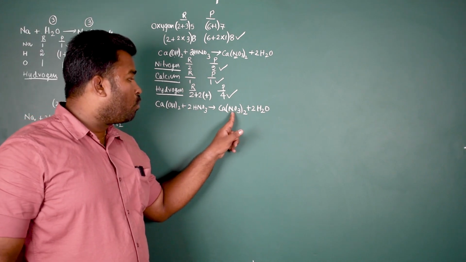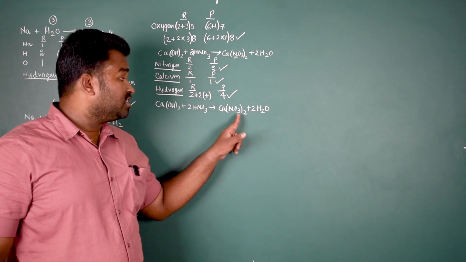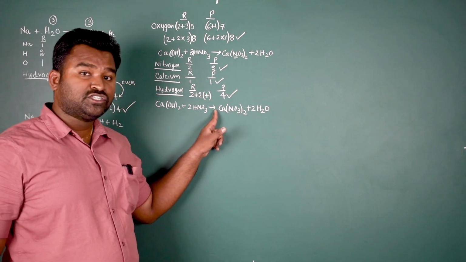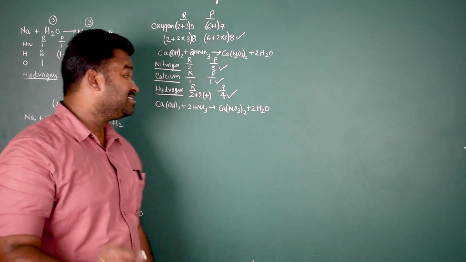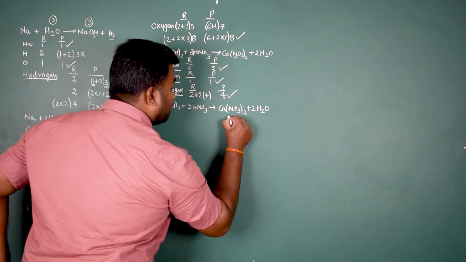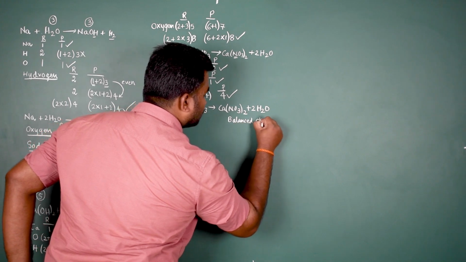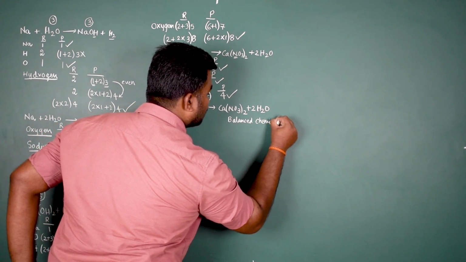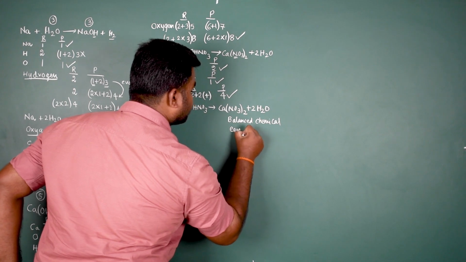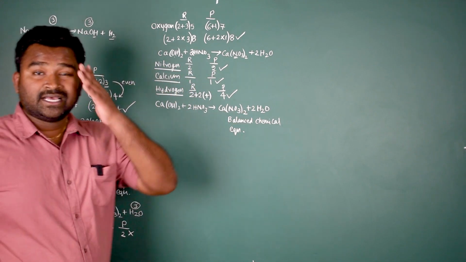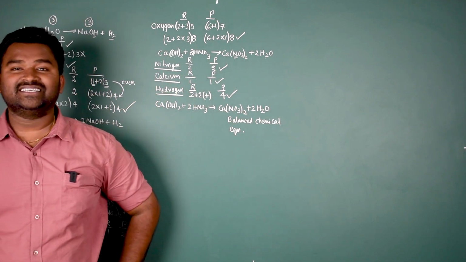Here in the bracket we have 1, 1 into subscript 2 is 2, and 2 into coefficient 1 is also 2. Hence the chemical equation is balanced. You understand this? So this is what balancing is all about.